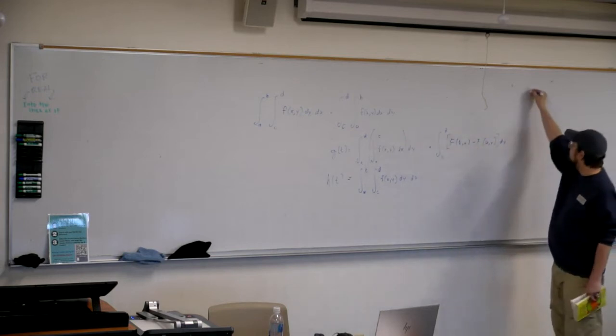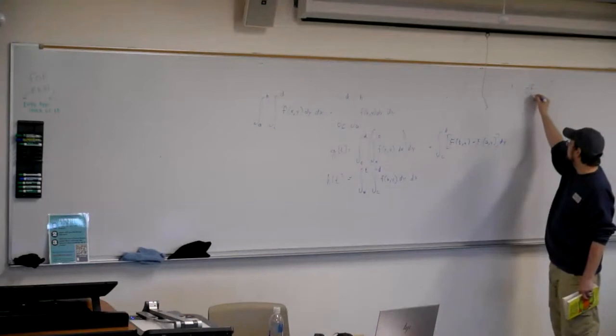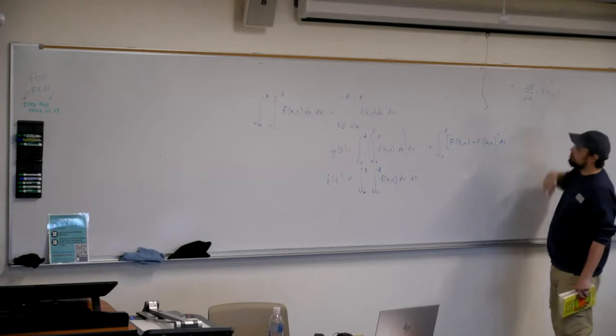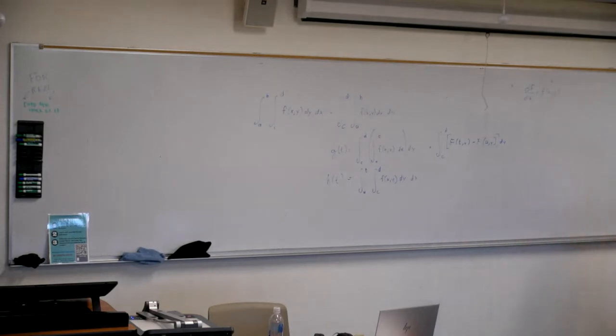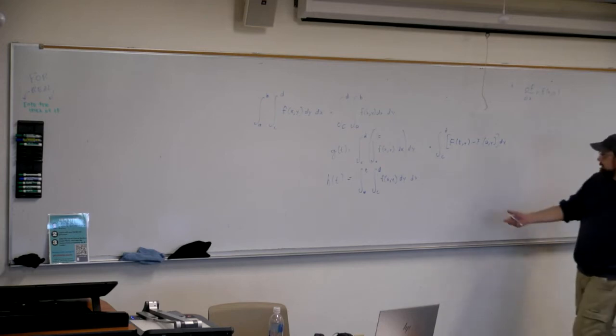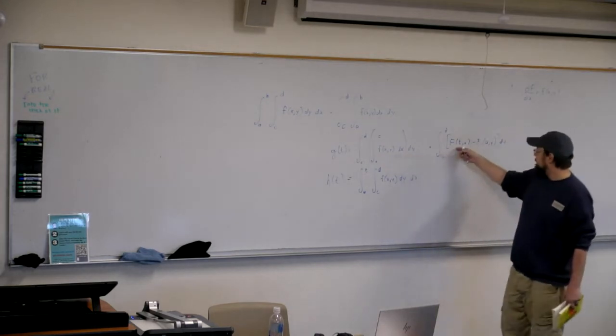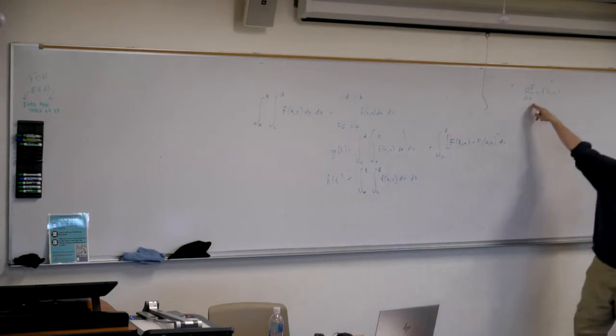We have to keep in mind the derivative of big F with respect to x is equal to f. That's the fundamental theorem of calculus. We're integrating with respect to x, so when we find the antiderivative, it's an antiderivative with respect to x.